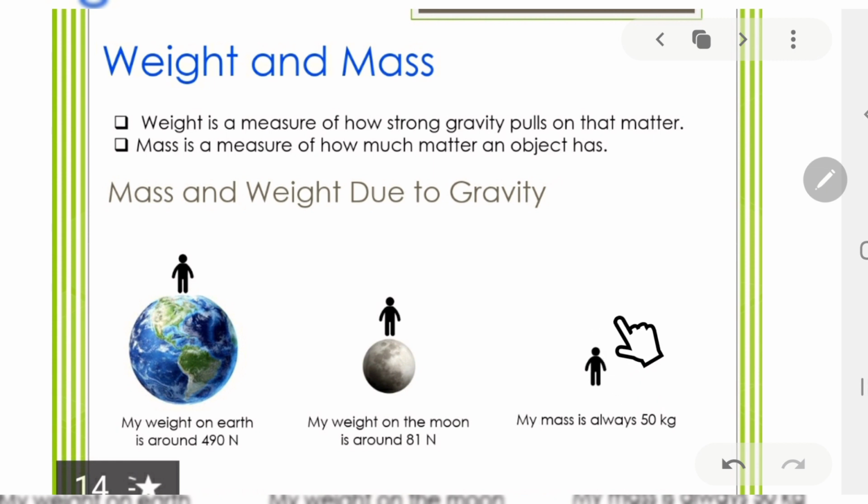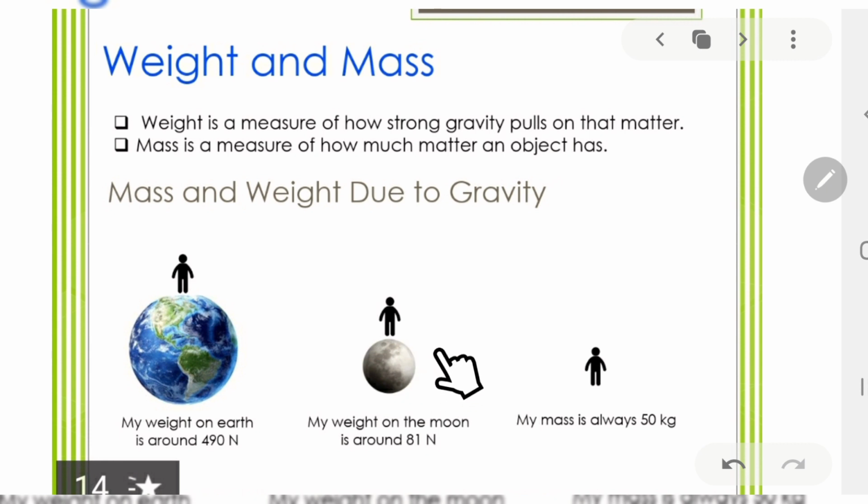Okay, tetapi in terms of mass, jisim, let's say that this person has 50 kg mass. Bila dia berada di bumi atau di bulan, jisimnya akan tetap sama 50 kg. Kenapa? Because the mass does not influenced by the gravity.